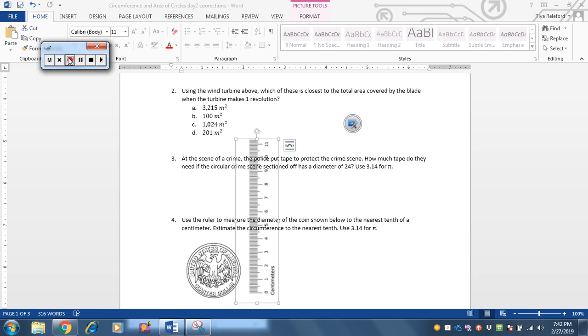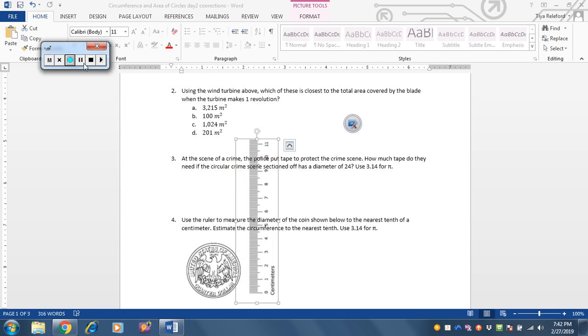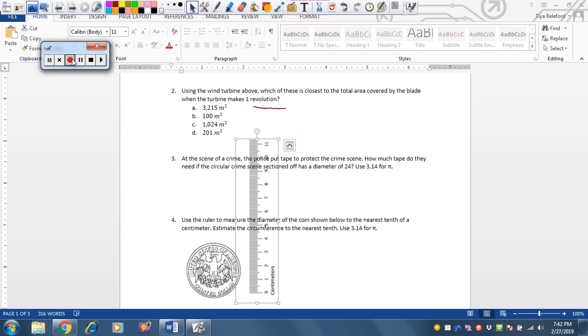So measure it. It's going to be 3 and a little more lines. And that is going to be the diameter. So when you write circumference, the number you get on your ruler, which is going to be around here somewhere, is going to go in for D.